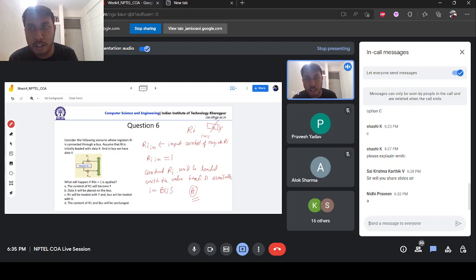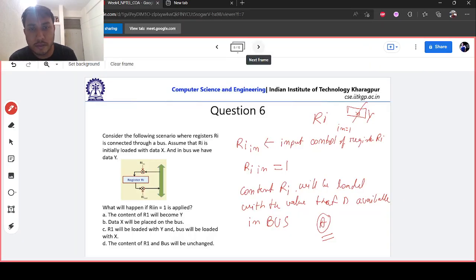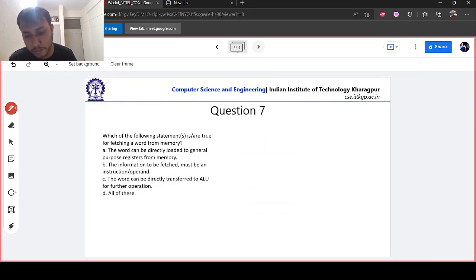Okay, so I will go to the next question. The question is a true or false statement. It says, which of the following statements is true for fetching a word from the memory? Option A is the word can be directly loaded into general purpose registers from the memory.